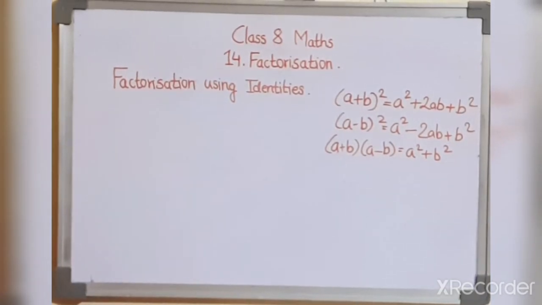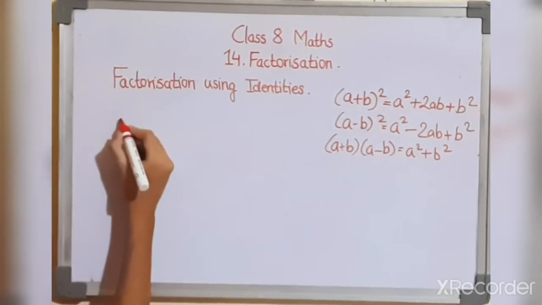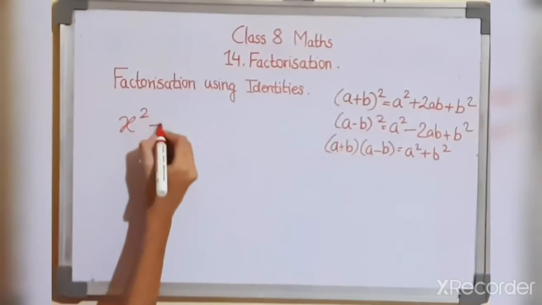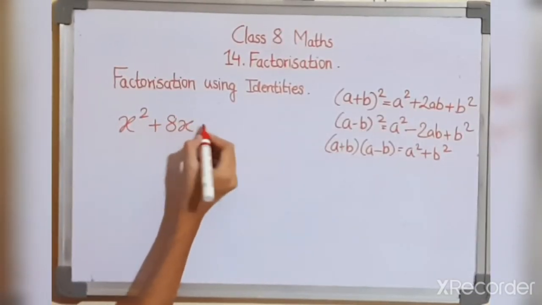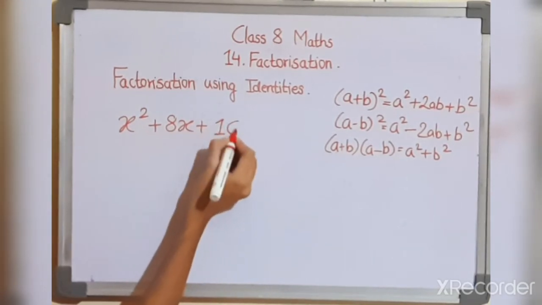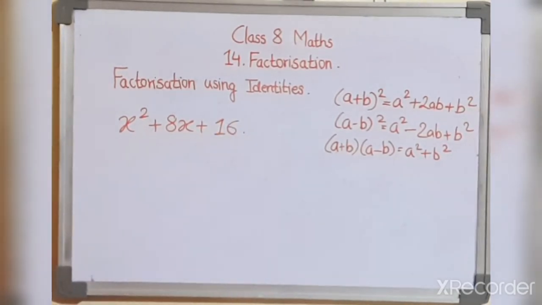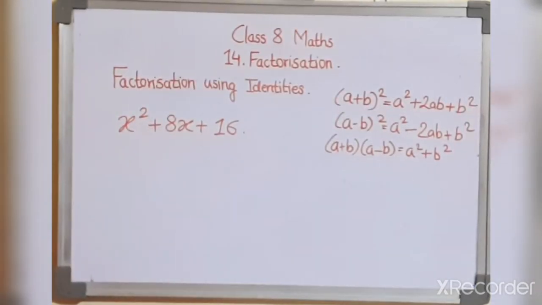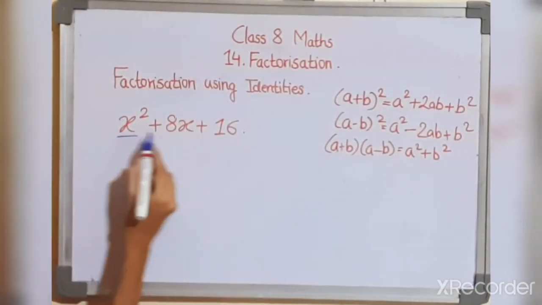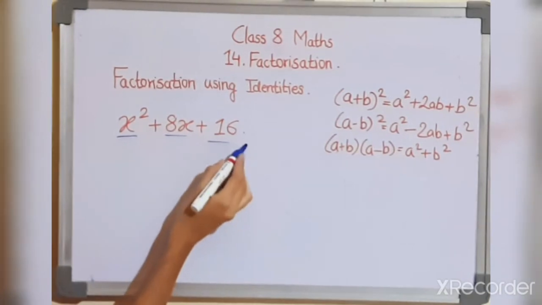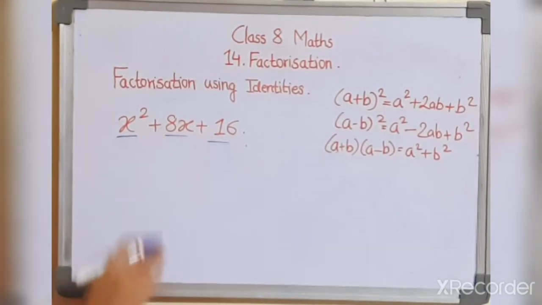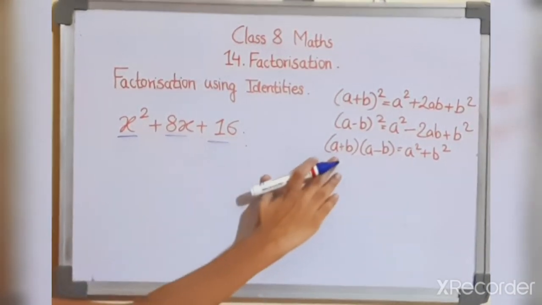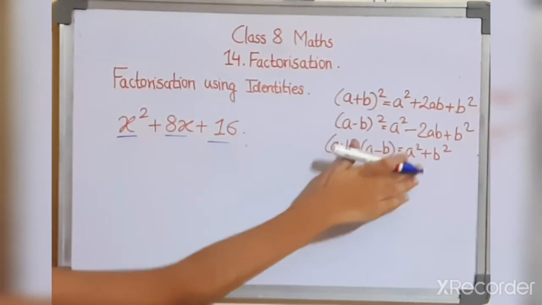First we will take one example, that is x square plus 8x plus 16. First we will observe this expression. When observed, we find that there are 3 terms in it. Therefore, it doesn't fit identity number 3 as that has only 2 terms.